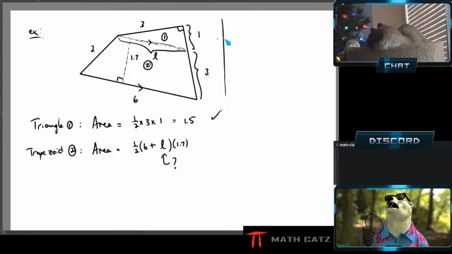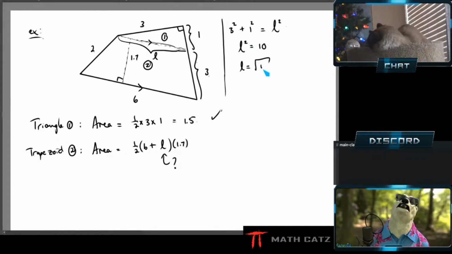But the top triangle can help me again, because the sum of the squares of the perpendicular sides in that triangle, because it's a right angle triangle, has to be the square of the hypotenuse. So then L squared, this is 9, this is 1, so 10.